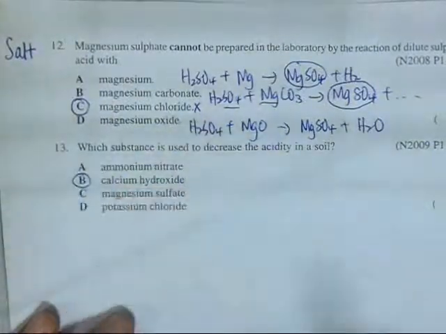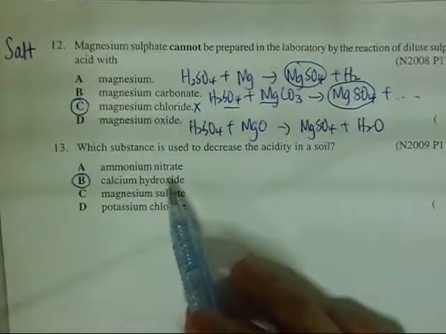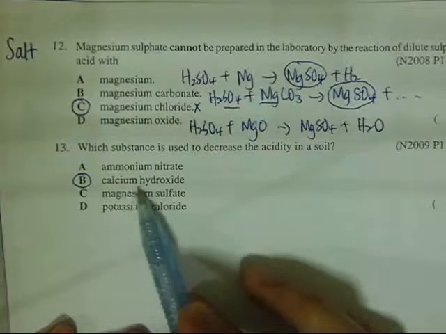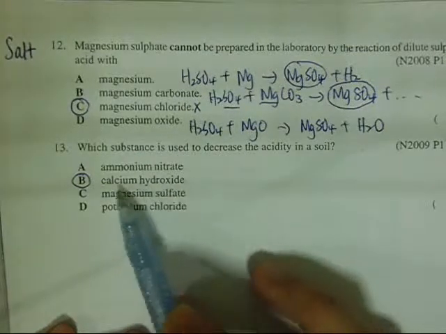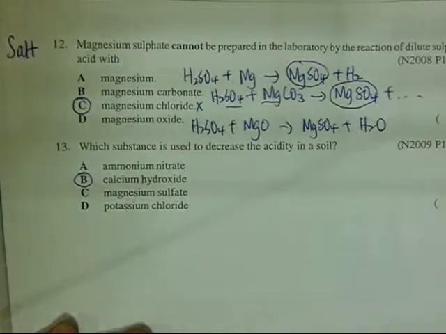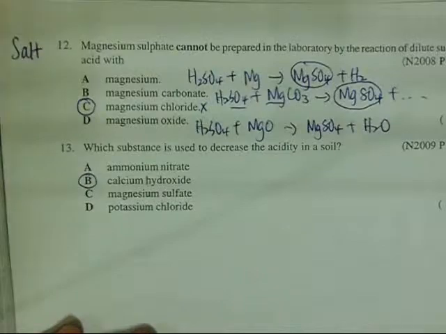So that would be B. Basically, an alkali is a soluble base, which is a group 1 or group 2 base, and calcium is a group 2 base. So calcium hydroxide can be added to neutralize the acidity in a soil. So the answer is B.